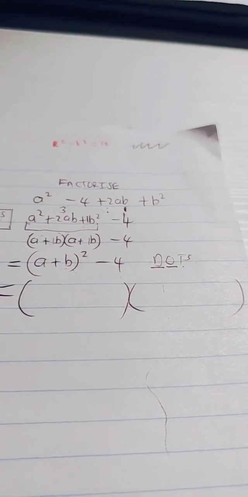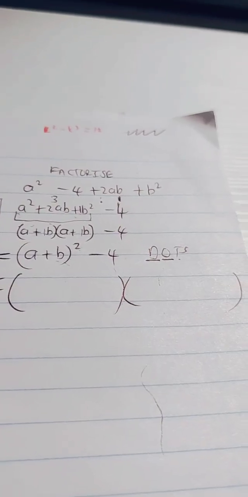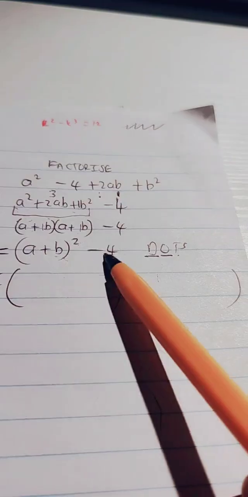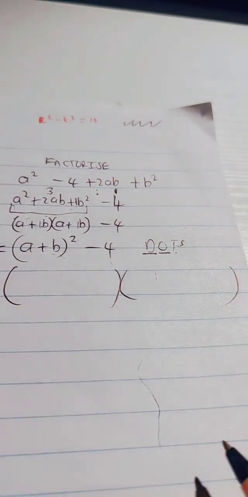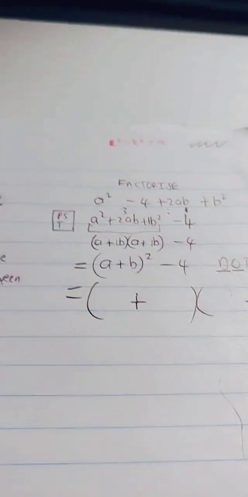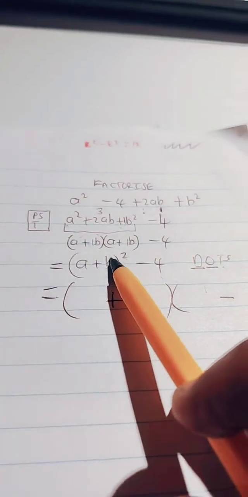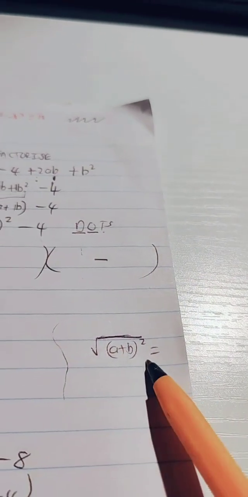So what we do now, guys, with a difference of 2 perfect squares, is we put a plus here and a minus sign there. We are going to take the square root of a plus b squared. When we apply the square root to a plus b, the whole thing squared, what happens, guys?